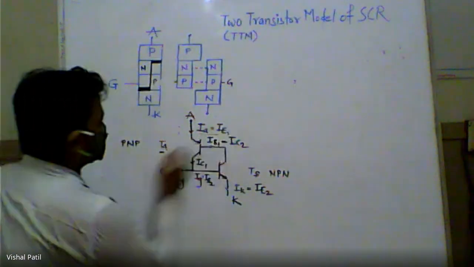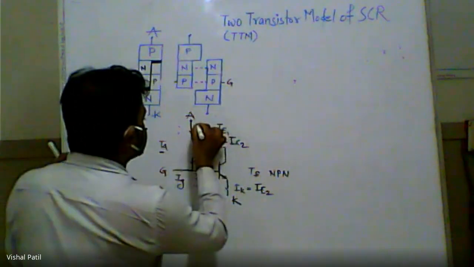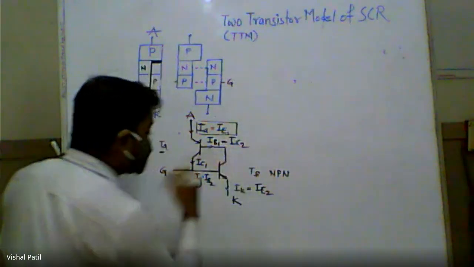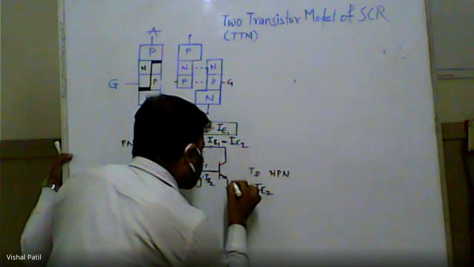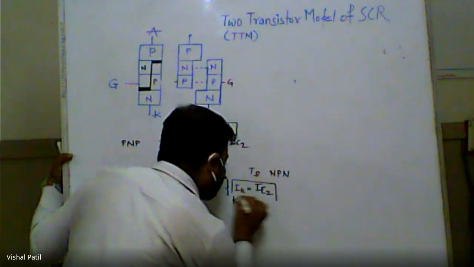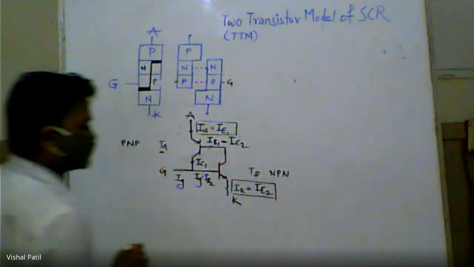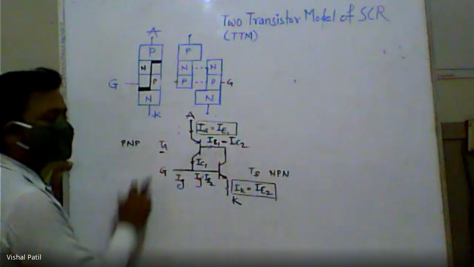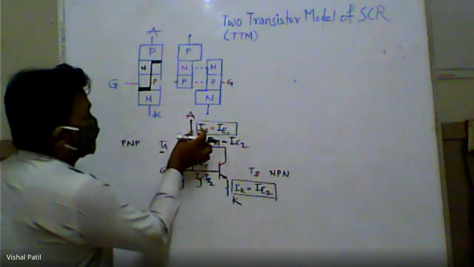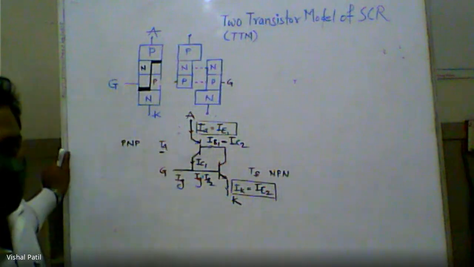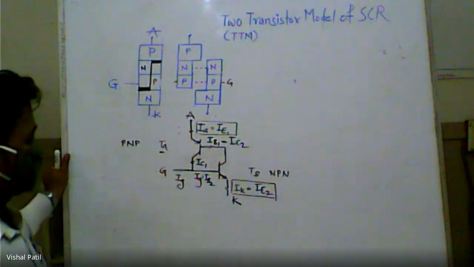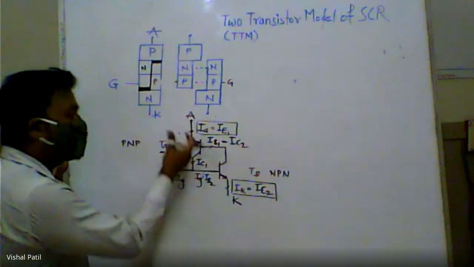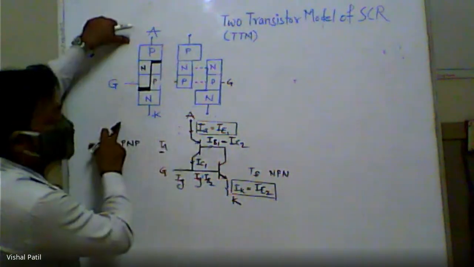So how do we get this? The first expression, which is very important, is: anode current is equal to the emitter current of the first transistor. The second important expression is: the cathode current is equal to the emitter current of the second transistor. The rest you can put equivalence, but those are not important, because we are looking at how the transistors contribute to the working of the device, this SCR.